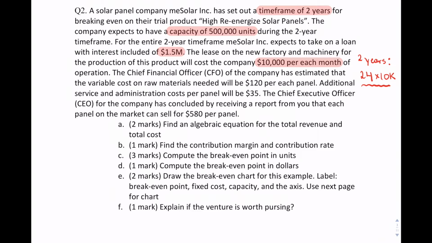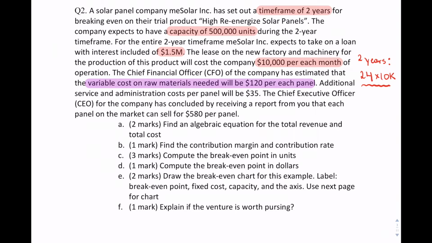Now next. The chief financial officer of the company has estimated that the variable cost on raw materials needed is 120. Additional service and administration costs per panel will be 35.